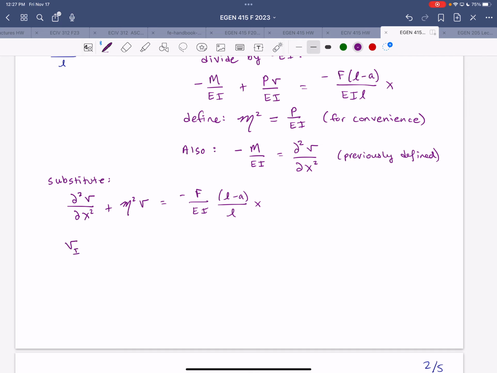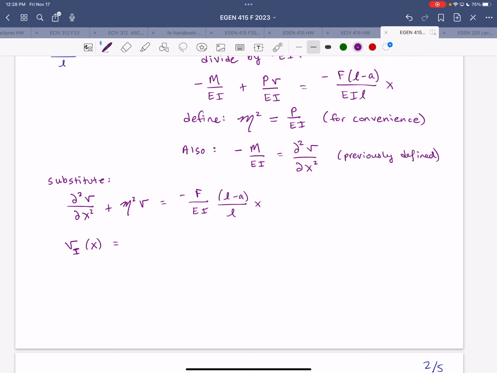So the equation for deflection in region 1 is going to be the solution of this differential equation. As you recall, differential equations can have general solutions and particular solutions. Remember that from your DiffyQ class?